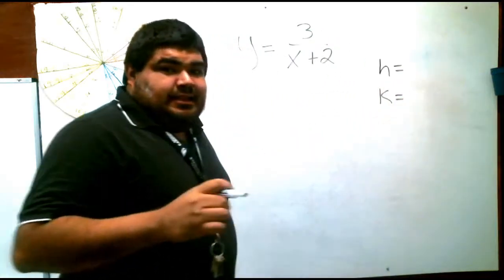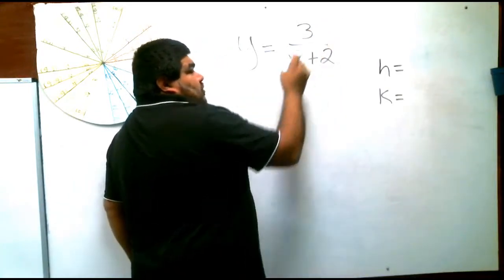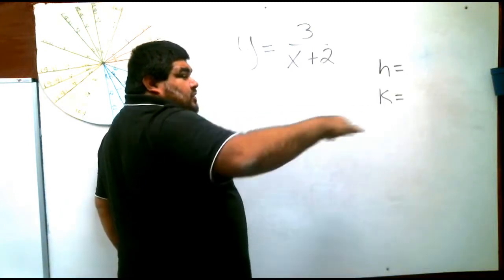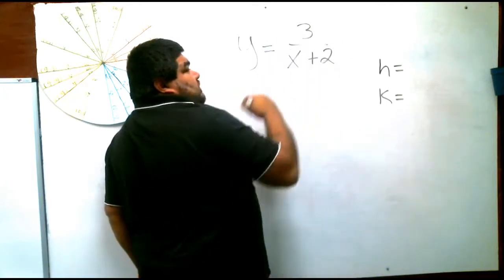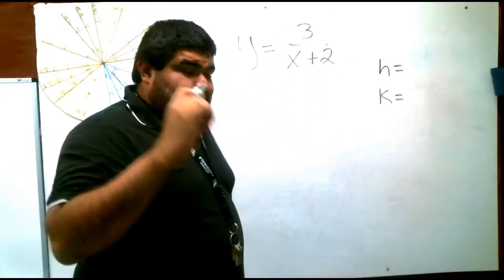Hint, hint. Remember, since there's no x on top for your horizontal, your k, your horizontal asymptote, is always 0. Remember, we always said it was 0.